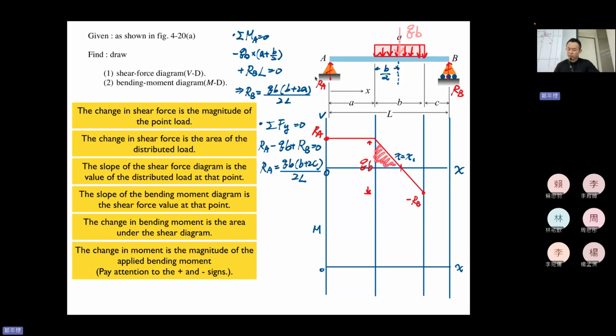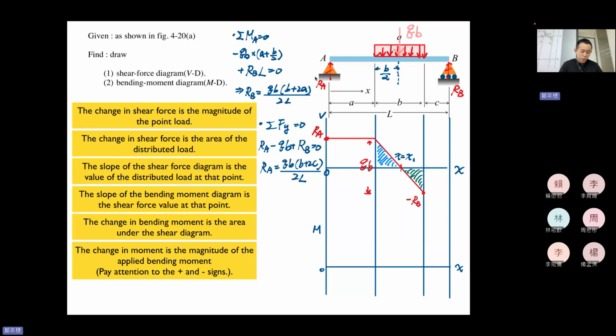So this area won't be the same, because we don't know A and C's relationship, right? So green and blue, we are not sure they are equal or not. Well, they are not equal. Okay, then let's continue.